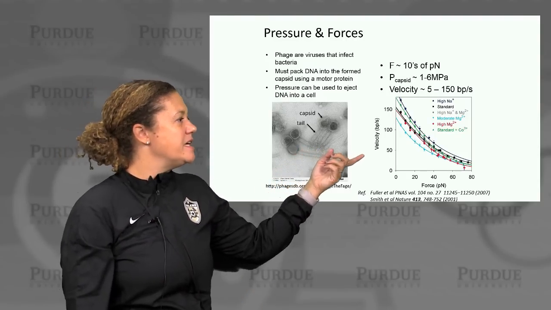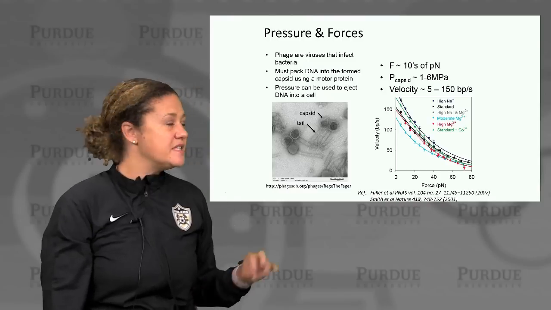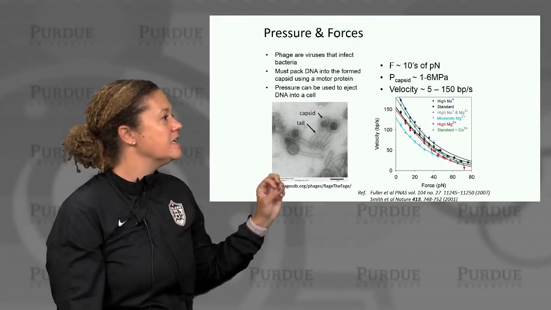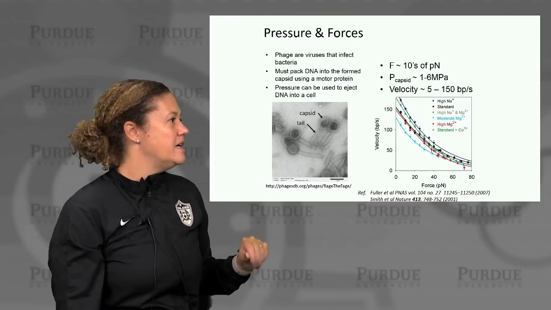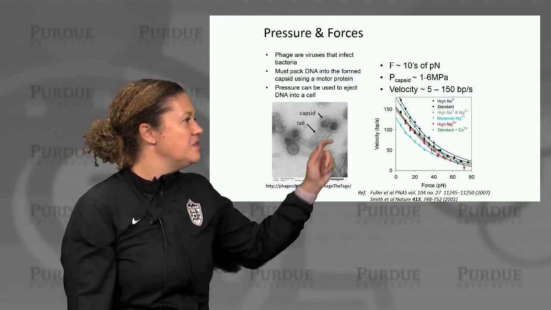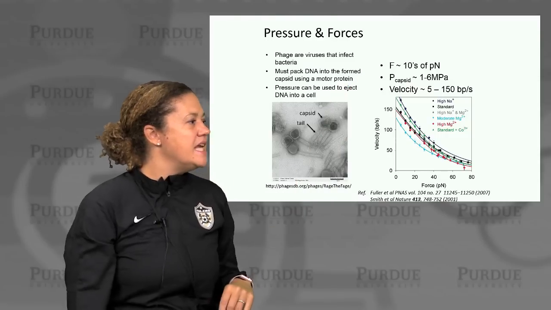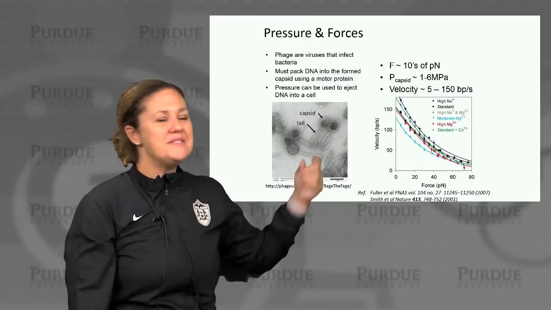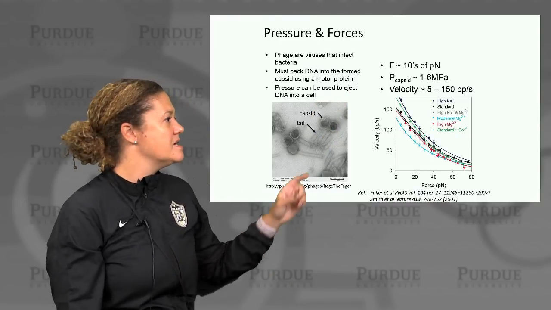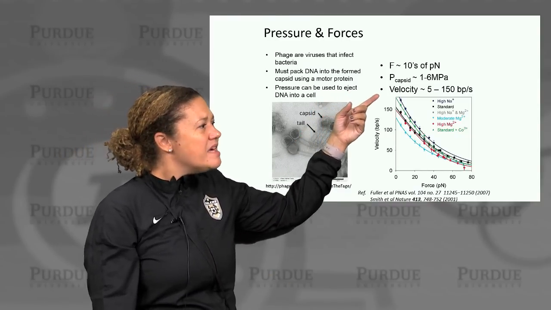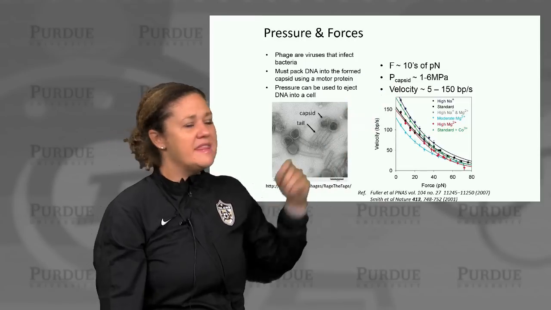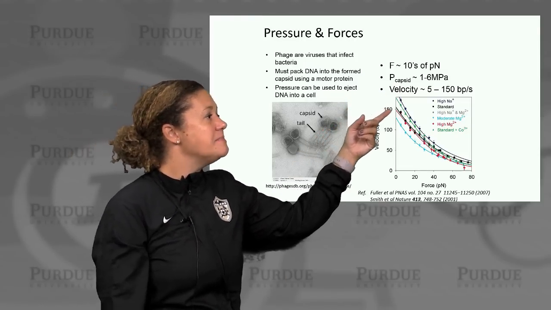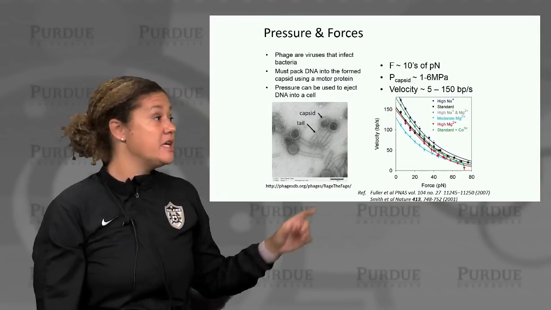As I said, this has been an interesting model system for biophysicists, looking at forces, velocities, and pressures. To give you an idea of orders of magnitude, the forces on DNA in this injection process into the host are about tens of piconewtons. The estimated or measured pressure inside that capsid head with that packed charged DNA molecule is about 1 to 6 megapascals, pretty high.